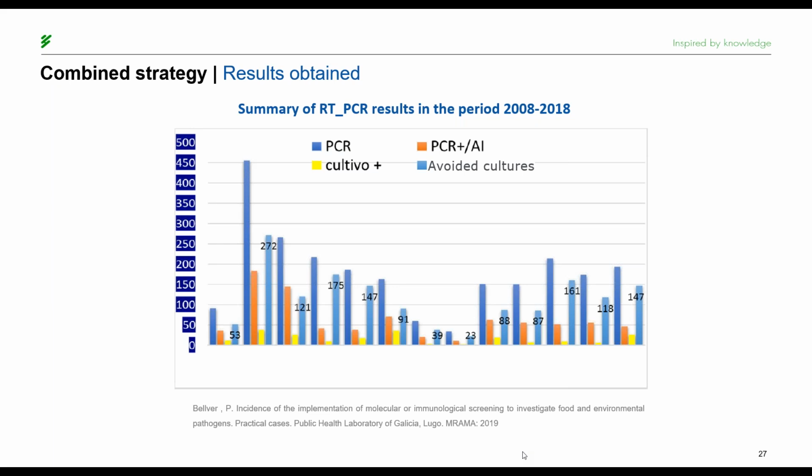And most important of all for us in this case would be the avoided cultures in a lighter blue. So we would have 2,272, 2,000 would be better, but 272, 121, 175, 150, almost 91, 161, all of these avoided cultures.